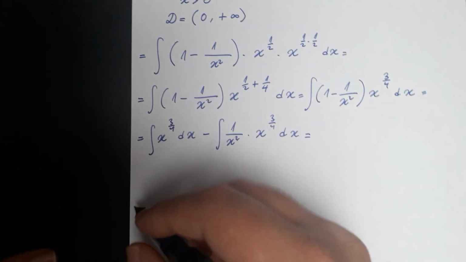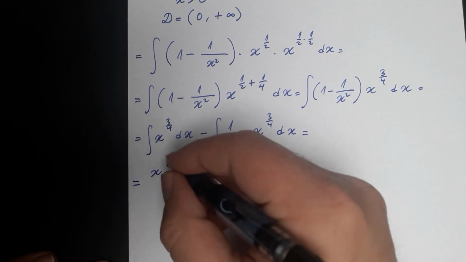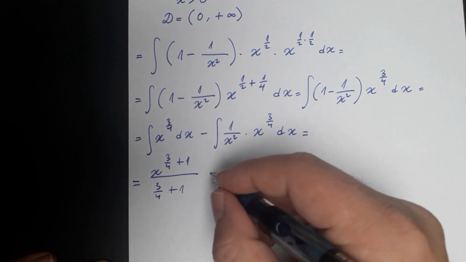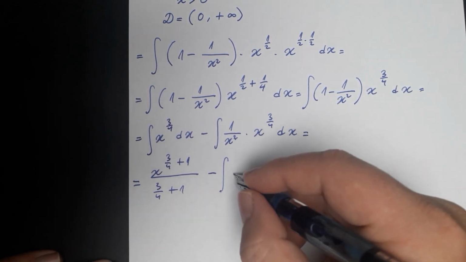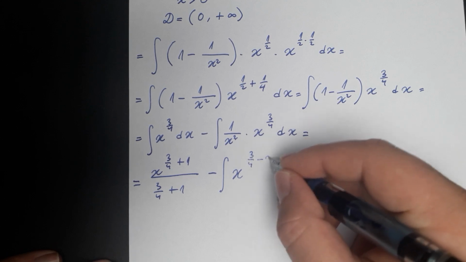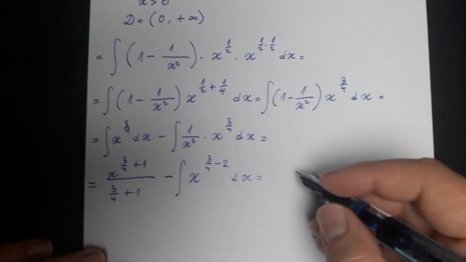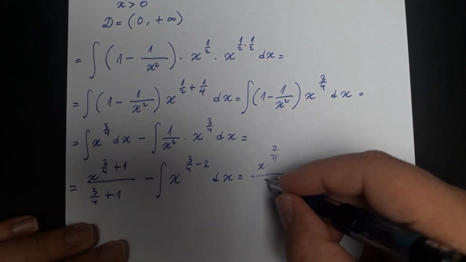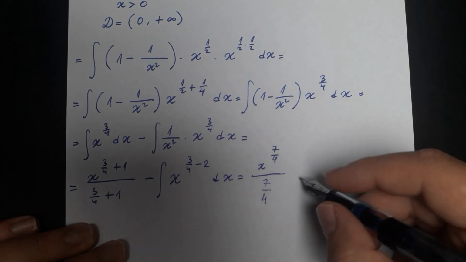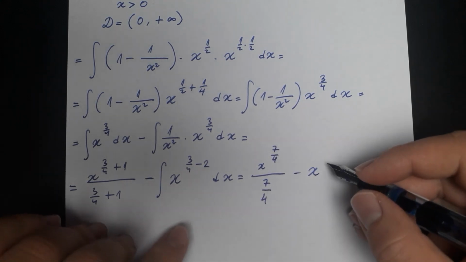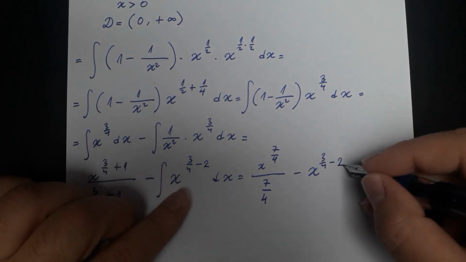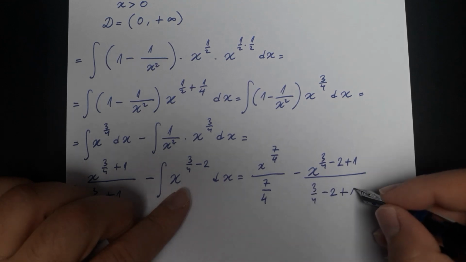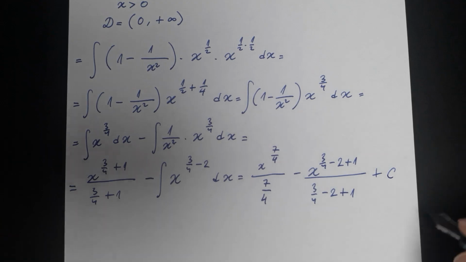This is then equal to x to the power of 3/4 plus 1 divided by 3/4 plus 1, minus an integral of x to the power 3/4 minus 2 dx, which is equal to x to the power 7 divided by 4, divided by 7 divided by 4, minus x to the power of 3/4 minus 2 plus 1, divided by 3/4 minus 2 plus 1, plus a constant c.